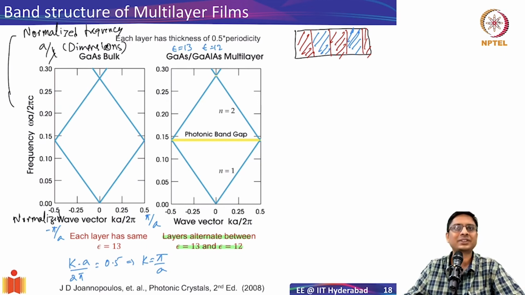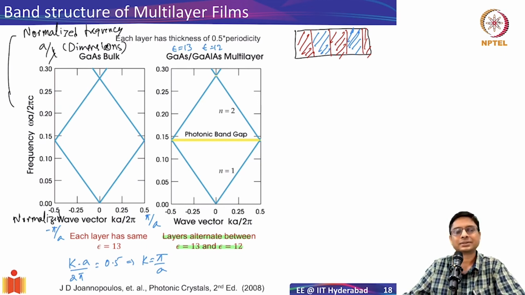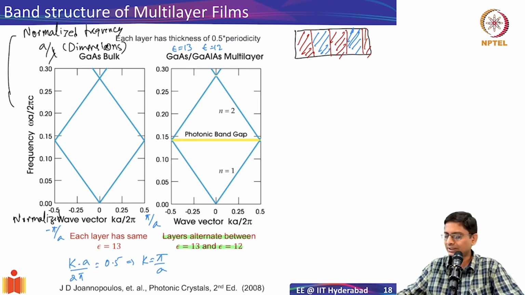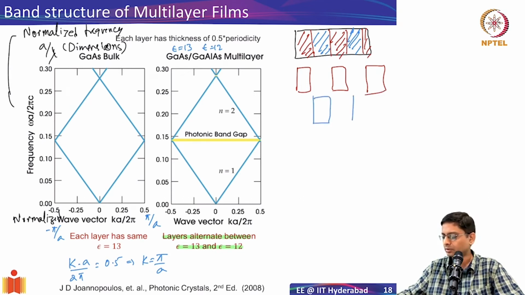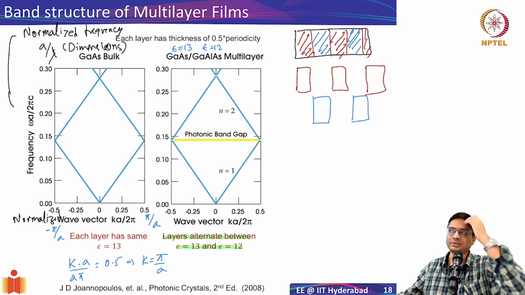I can have a gallium arsenide sublattice and a gallium aluminum arsenide sublattice. What do I mean by sublattice? Essentially think of this structure as effectively one structure consisting of this, right, of red, another structure consisting of blue, okay. Essentially they are combined with each other, okay.